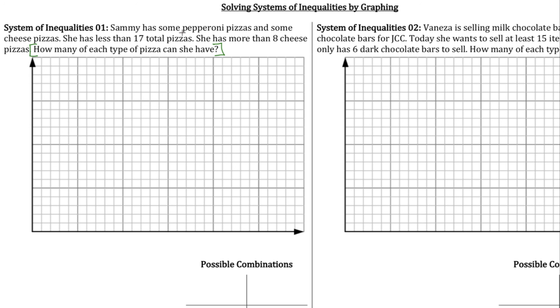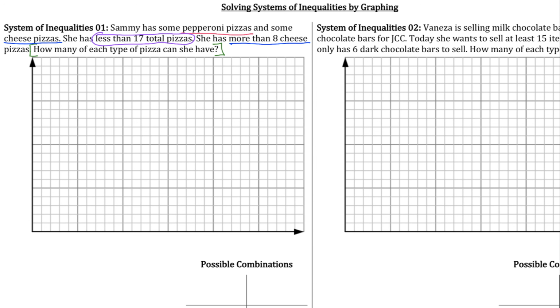So pepperoni is red, and cheese pizzas will be blue. She has less than 17 total pizzas. That is a total. She has more than 8 cheese. Cheese is blue, so more than 8 cheese pizzas.